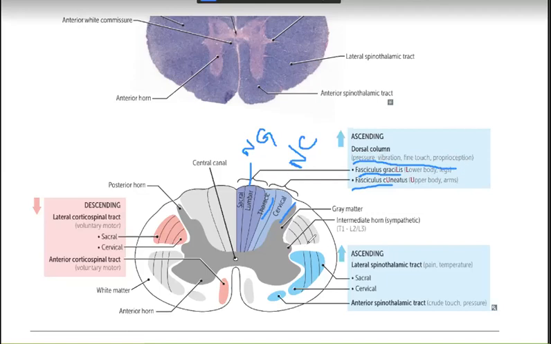So now what is happening is, let's say for example, this is your upper limb and this is your arm. The nerves that are arising from here, the sensory nerves, not the motor ones, are coming from here to this nucleus cuneatus.